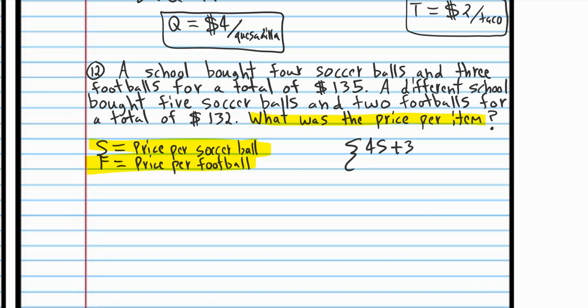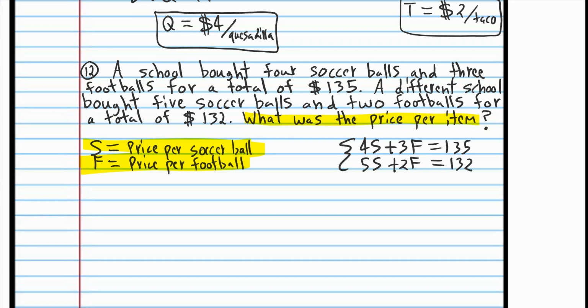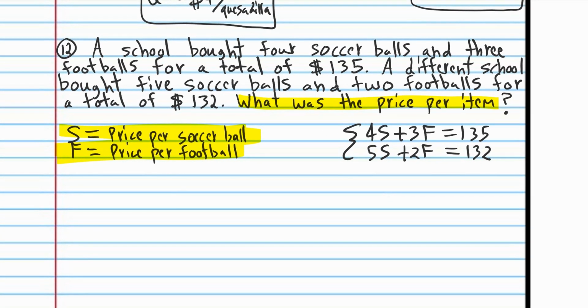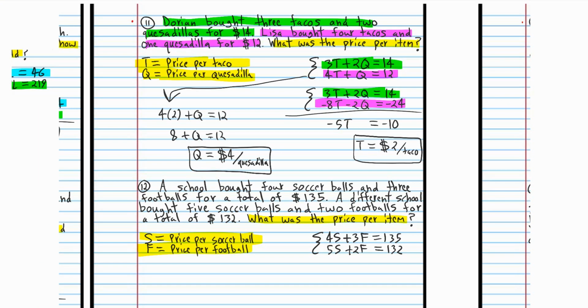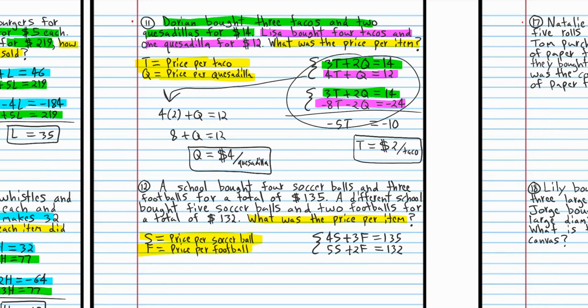4S plus 3F equals 135, and 5S plus 2F equals 132. Now this problem is going to be different because in order to eliminate, we're going to have to multiply both equations. Now I'm going to eliminate F because these numbers are smaller than the 4 and the 5. Again, in problem number 11, we only had to multiply one equation.